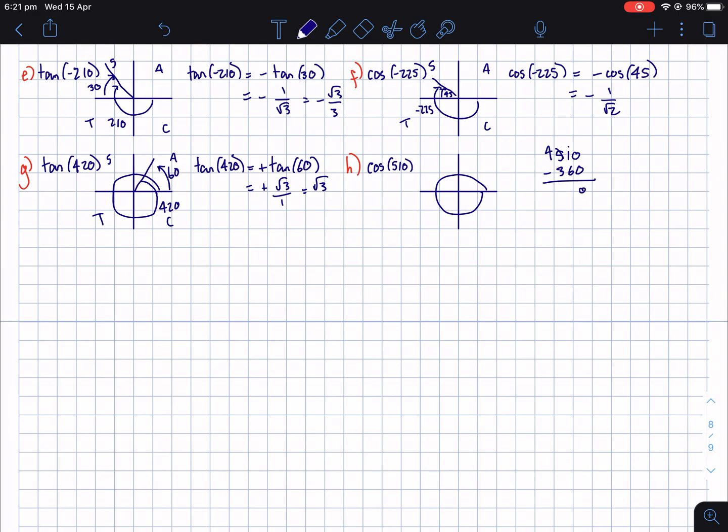Okay. 4. So that's 150. Right. So we've kept going. Another 150 degrees. So we're now over here. So that's 510. Which means this is 30.